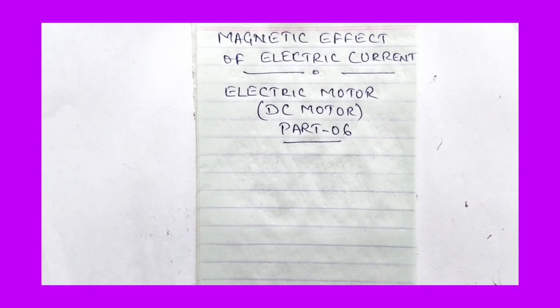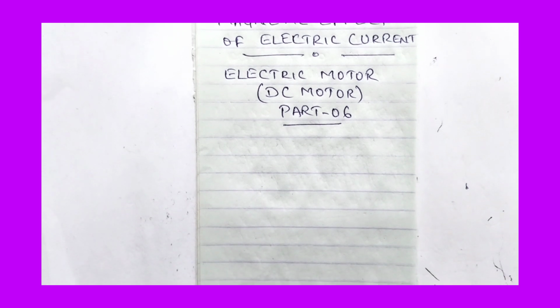This is part 6 of magnetic effect of electric current of class 10th science, that is physics part. Now let us study in detail about the electric motor.